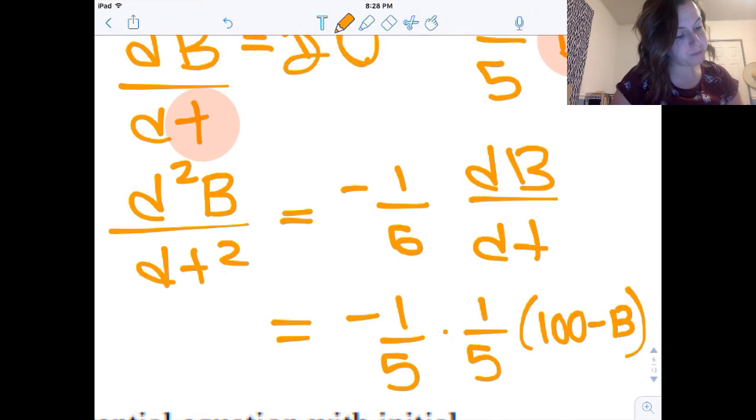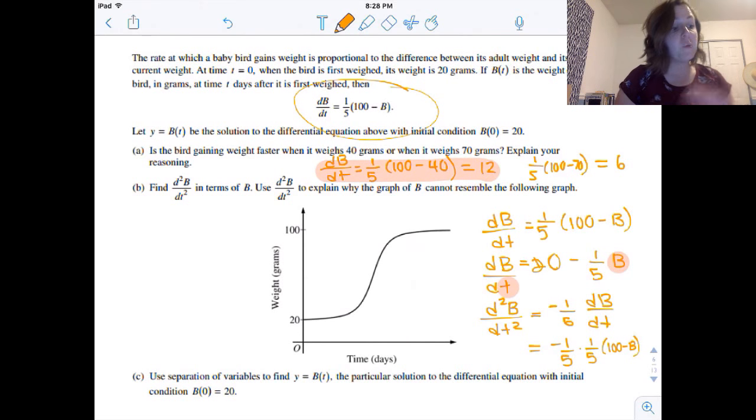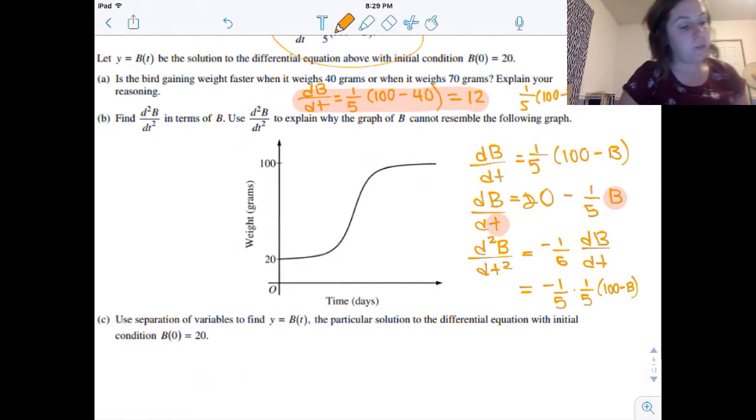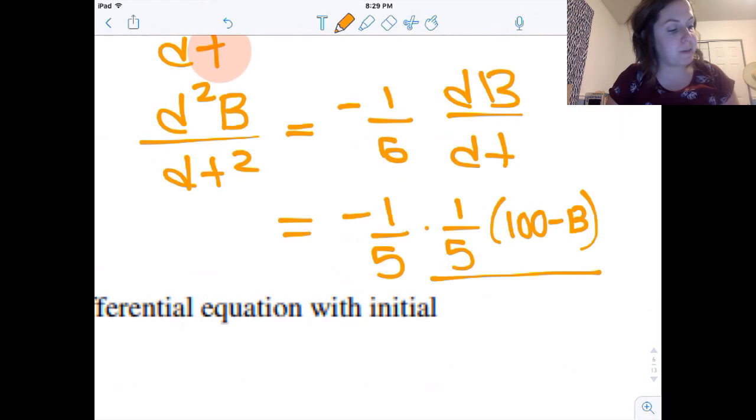Okay, so why can't this resemble the graph? Let's think about this. If I plug in a value here, at any of those we just did, when I plugged in 40, when I plugged in 70, the dB/dt came out to be greater than 0 for a bunch of those values. And if I multiply by negative 1/5, that's going to wind up being negative.